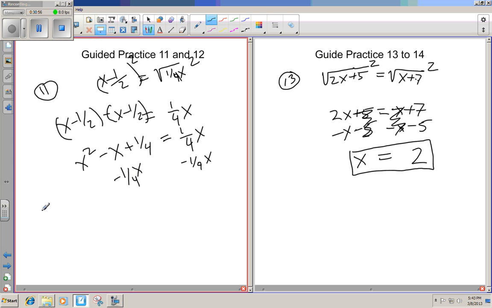You now end up with x squared minus 5/4 x, you could type that into your calculator if you needed to, plus 1/4. Now, many of you probably will not like this problem in this form, so let's get rid of the fractions. Look at these denominators. What would you multiply 1/4 by to get rid of it and make it 1? Multiply by 4, and our equation in standard form looks like this.